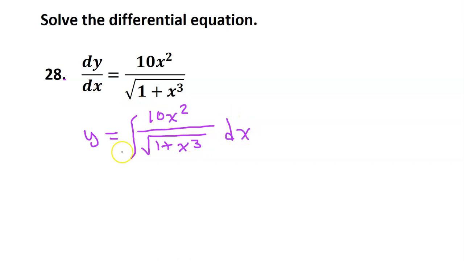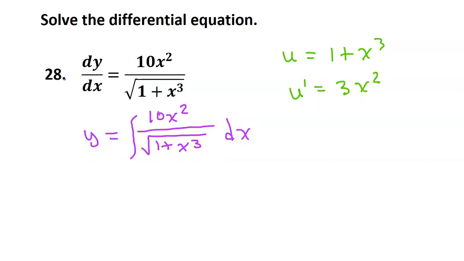This is looking like u-substitution. You see that we have a function inside of the radical. So probably that will be our u. So let's let u equal 1 plus x to the third power. And then what about u prime? So putting the 3 in the front, we will have 3x squared.